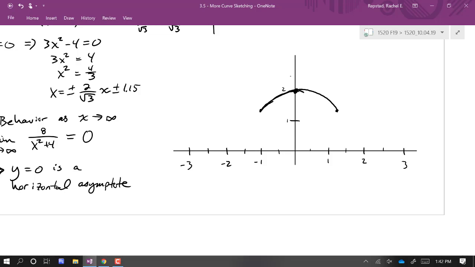So it's kind of heading into that point like this before it turns concave down. And now as x gets large, we already found that limit to be 0. So as x gets large, it's just going to start hugging the x-axis. There's the graph.